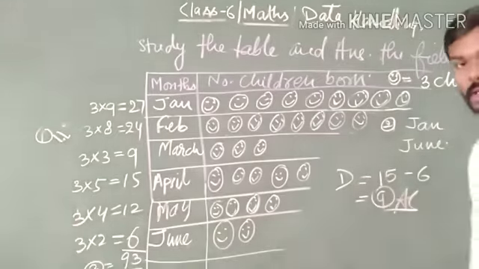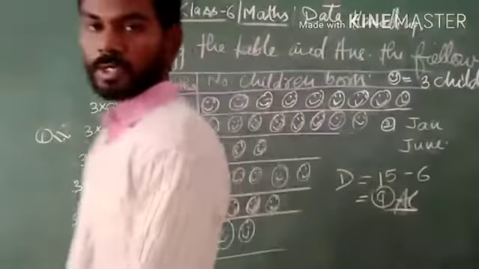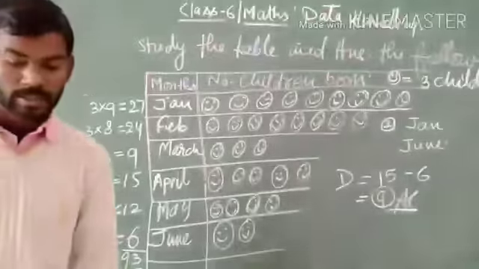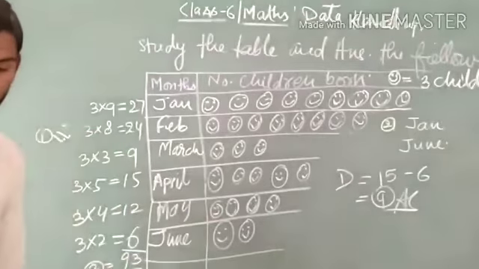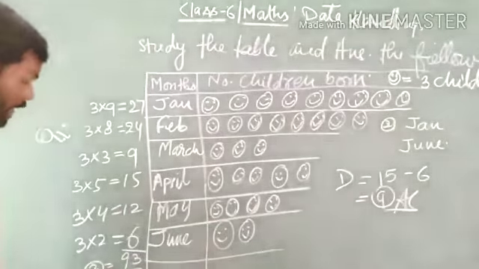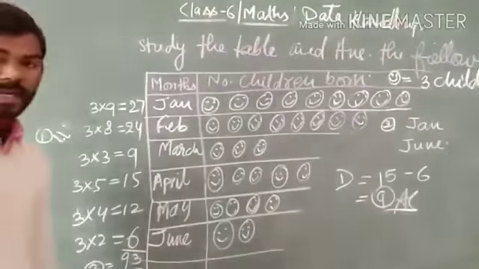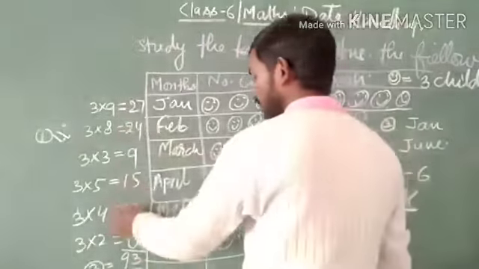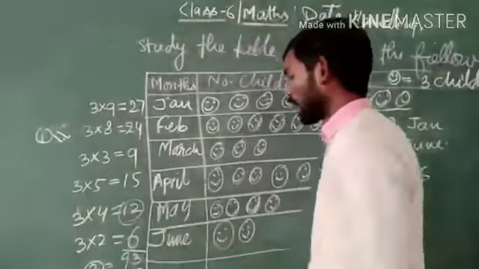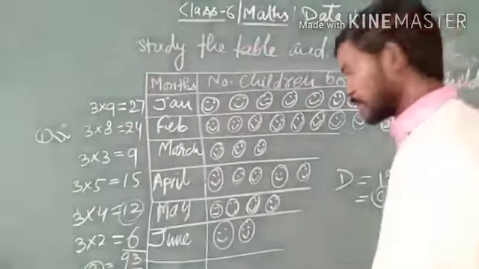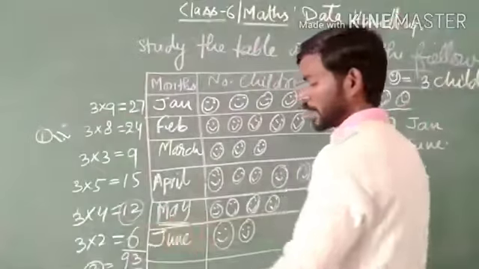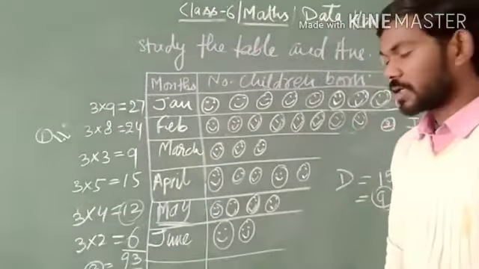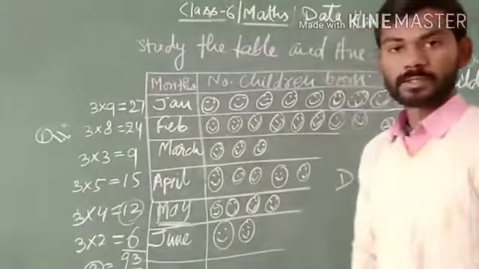Therefore, 9 is the right answer. Okay, students. Next, 12 children were born in a particular month. Name that month. Here we can see that 12 children were born in the month of May. Therefore, May is the right answer.